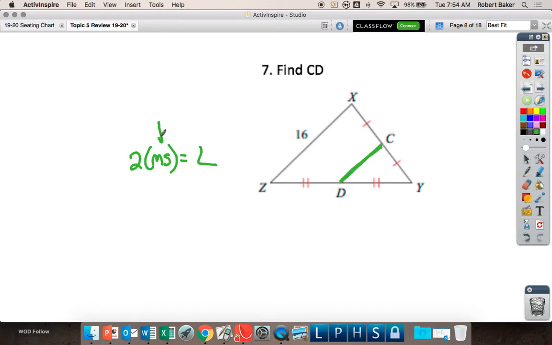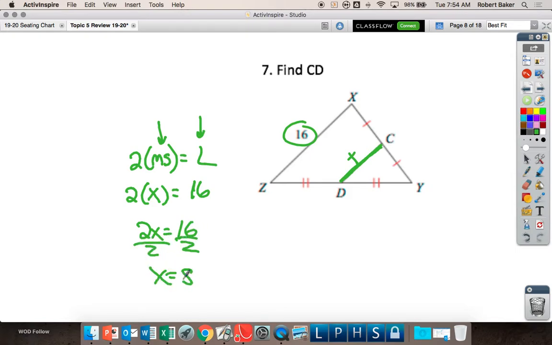So we know what the mid-segment is, we know what the long side is, we can just plug in information. I do not know how long the mid-segment is. So 2 times x is equal to the long side, which is 16. So 2x equals 16, divide both sides by 2, x equals 8. And you get 8 right here.